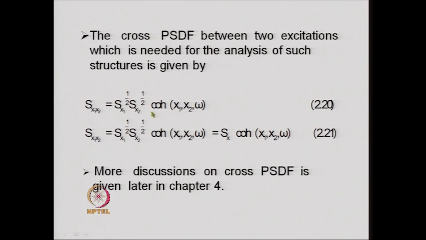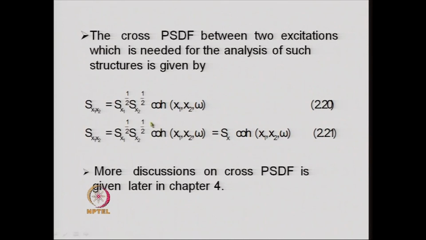In fact, this coherence function represents the correlation between the two ground excitations at points x1 and x2. For the case of a ground motion which is moving in a particular direction, if the points are aligned in that direction, then the power spectral density function at x1 and at x2 are the same, or in other words, in the sense of mean square value, these two ground excitations are the same.